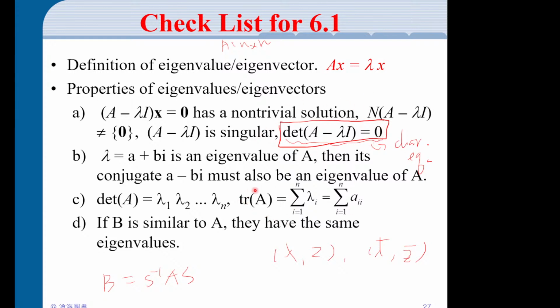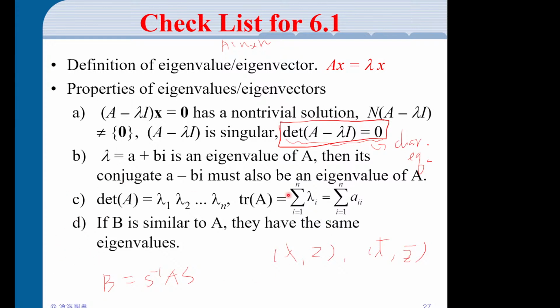And also the trace of A, which is the sum of the diagonal elements, the sum over i from 1 to n of a_ii, will equal the sum of the eigenvalues of A. Okay, so those are properties of eigenvalues and eigenvectors.